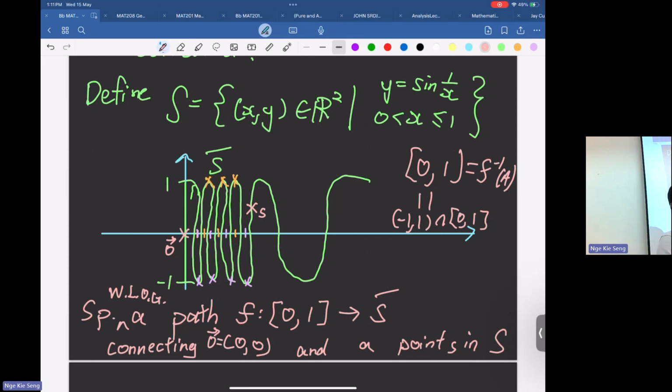Usually they use this property to build a whole space, or to deduce connectedness in general.